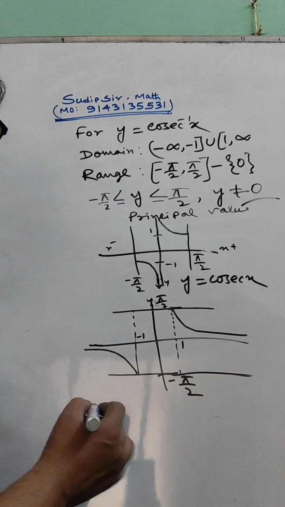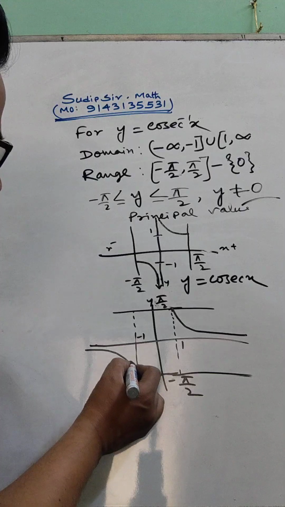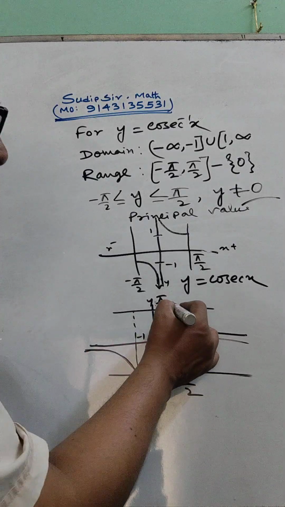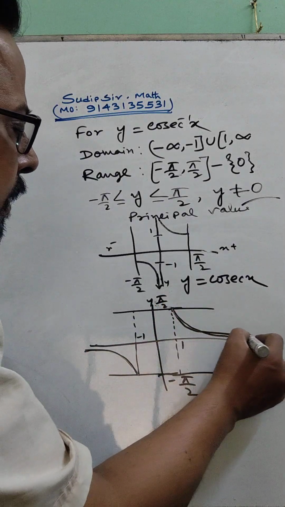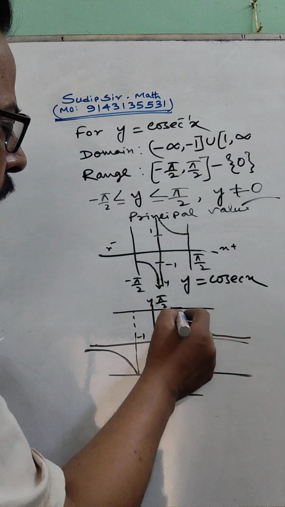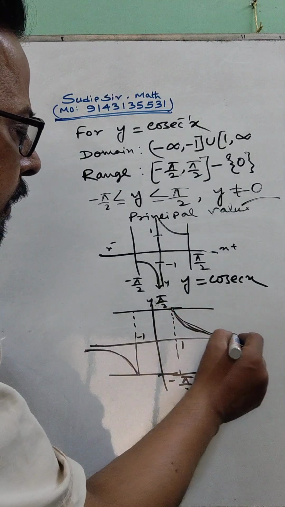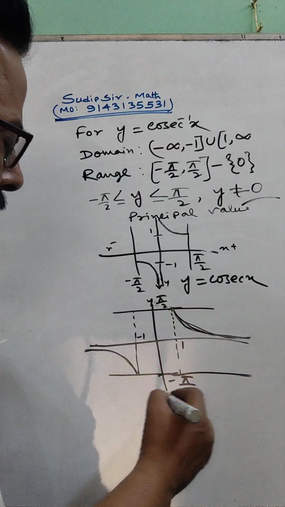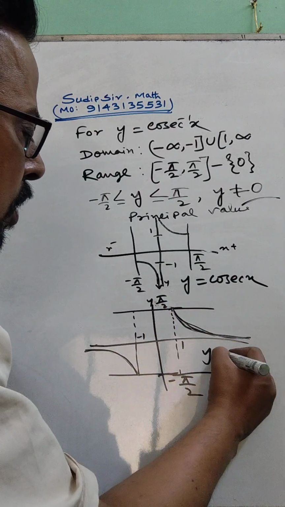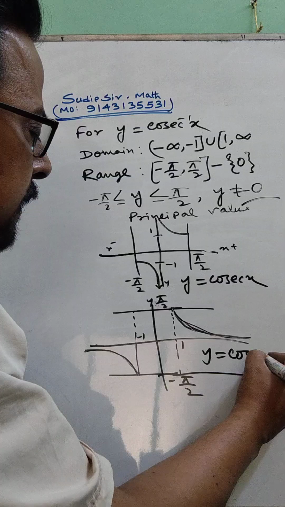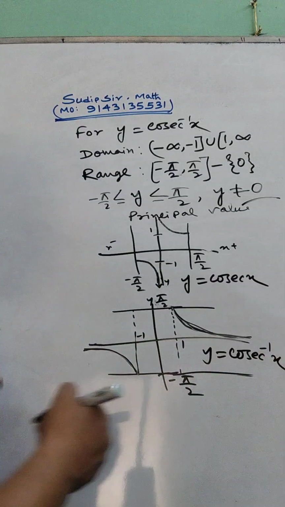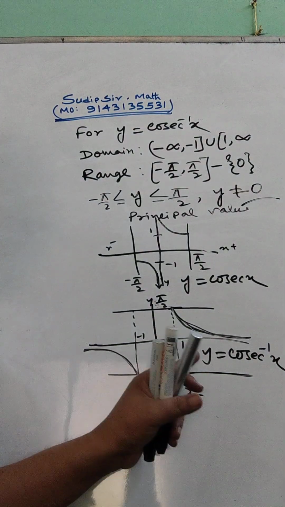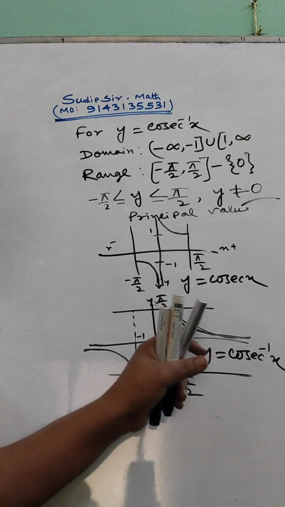Like this. Okay. So this curve and this tend to infinity. This is for y equal to cosec inverse x.